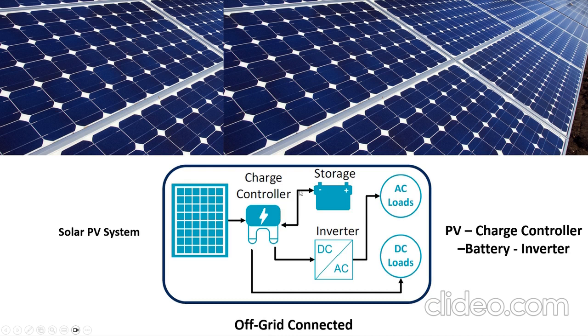and also storage. In such a system, we can arrange it into an off-grid connected system, or in certain cases, this can also be linked to the grid to form a hybrid system.